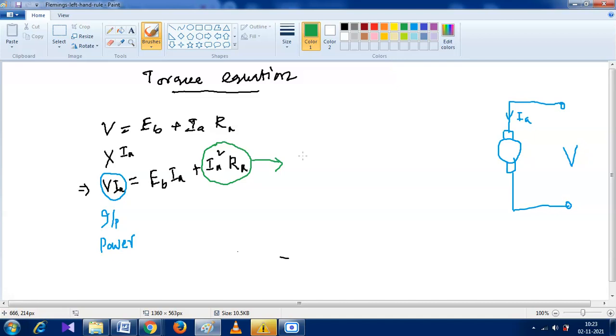It is dissipated power. Actually this power is consumed by the resistance, and it will produce heat. Is there any function of heat in a DC motor?